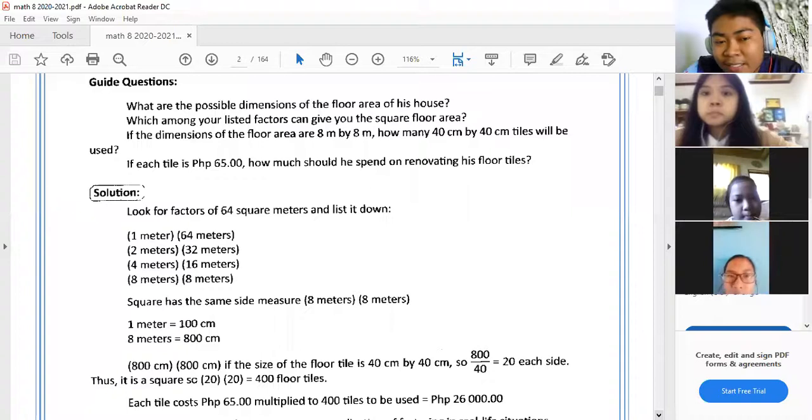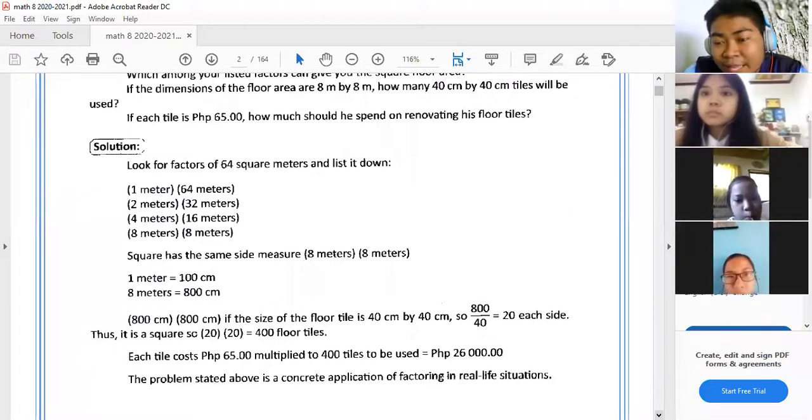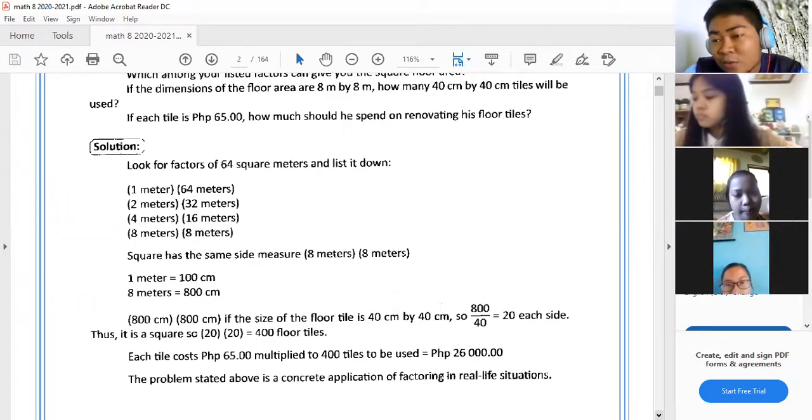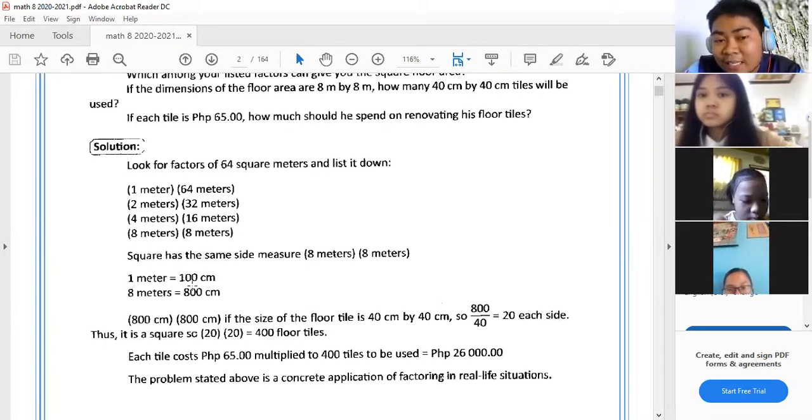We already answered that: 8 by 8 meters. The next question is, if the dimension of the floor area is 8 meters by 8 meters, how many 40 centimeter by 40 centimeter tiles are needed? So we convert meters into centimeters. If 1 meter is 100 centimeters, we just add 2 zeros, making it 800 centimeters.